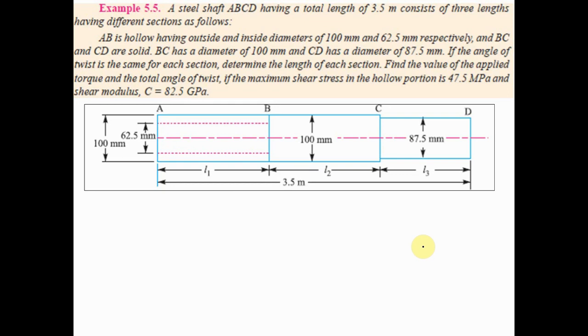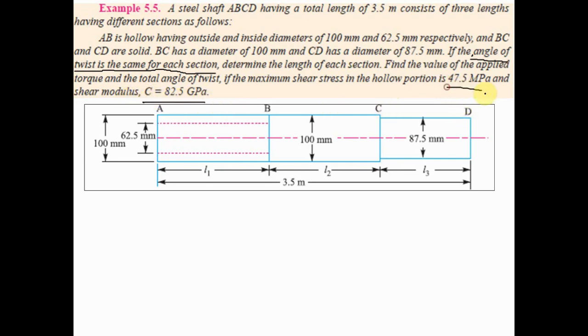If the angle of twist is the same for each section, this is important, then determine the length of each section. Also find the value of the applied torque and the total angle of twist if the maximum shear stress in the hollow portion is 47.5 megapascals and the shear modulus is 82.5 gigapascals.